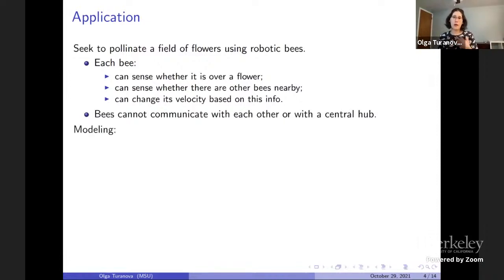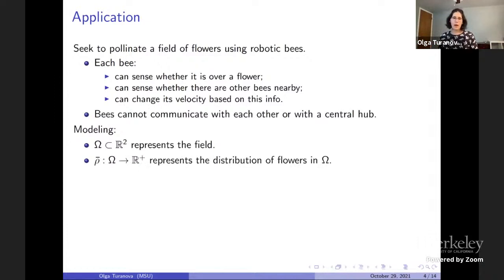So how do we model this? We have some omega, say in R^2, which represents the field. Here, we take a rho bar, which represents the distribution of the flowers in omega. And we want to make an algorithm for controlling the bees where rho bar is not known a priori.